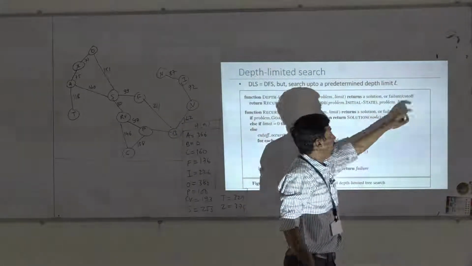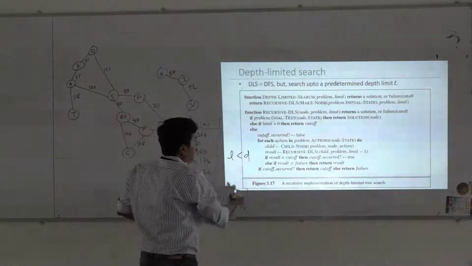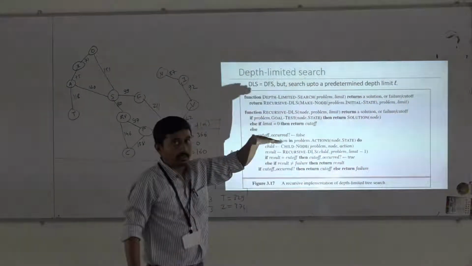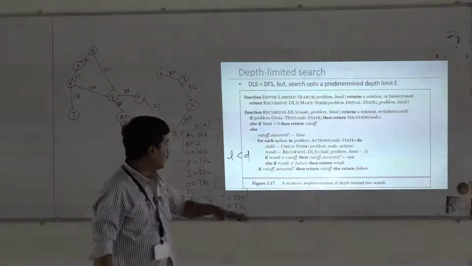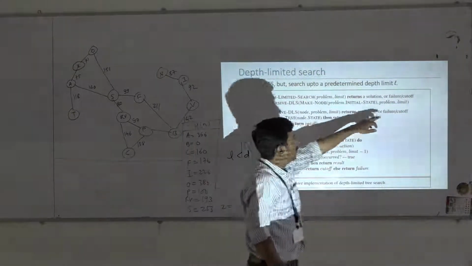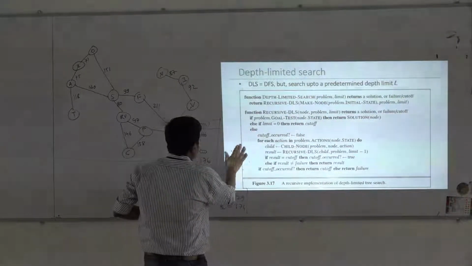And if the L value is less than d, it may return a cutoff, because you are not going beyond that L value, so it would not find a solution. So this algorithm stops in three cases.